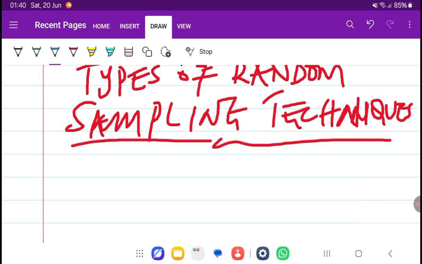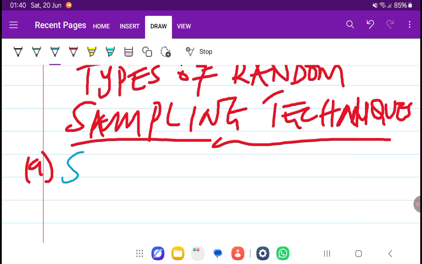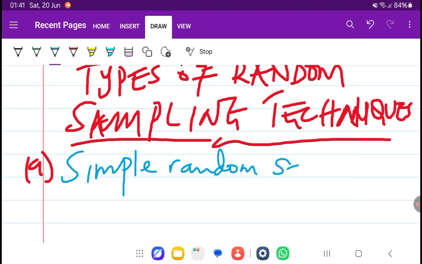So the first one that we have under the probability sampling techniques is what we call simple random sampling.